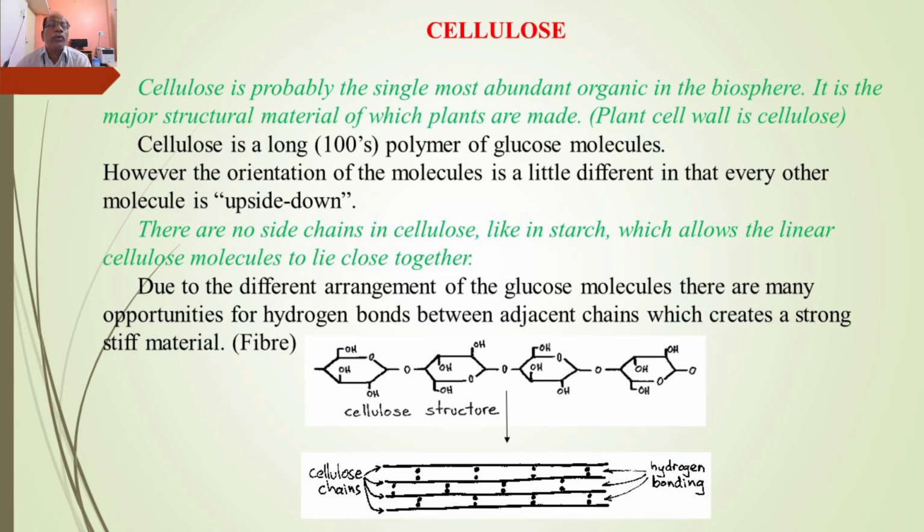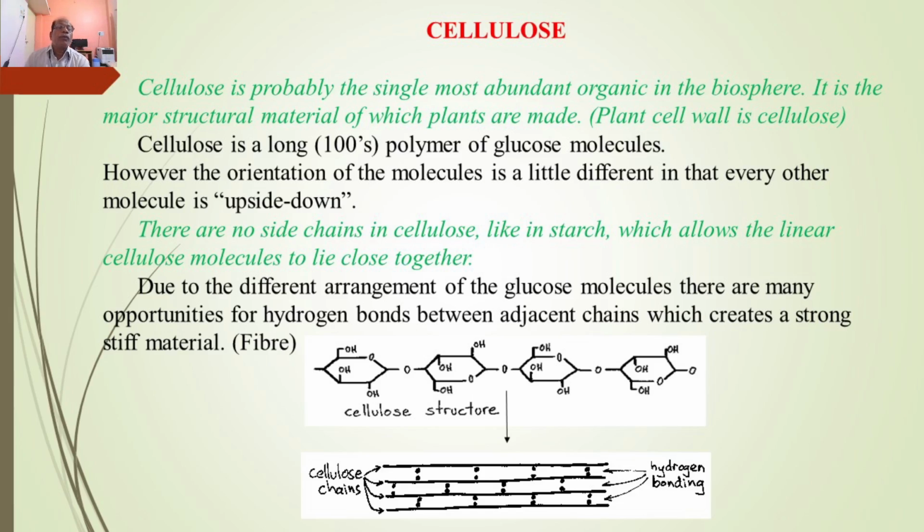In glycogen, there are branched chains of glucose molecules, forming a branched or fork structure.